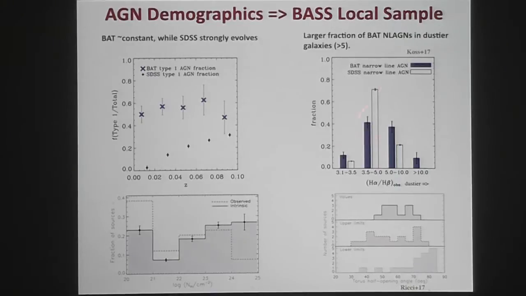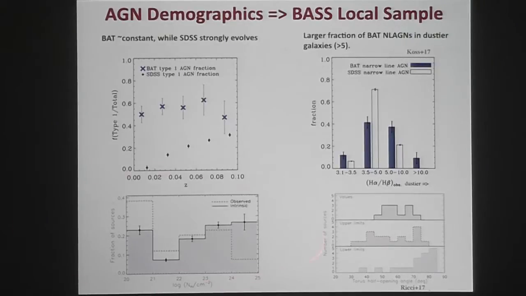You can see that the fractions between BAT and Sloan, and these are just narrow line sources, differ. BAT ends up finding things that are more obscured. The lines may be there, but they may be fainter, and you need to observe for longer to see them. So again, there are some biases here.